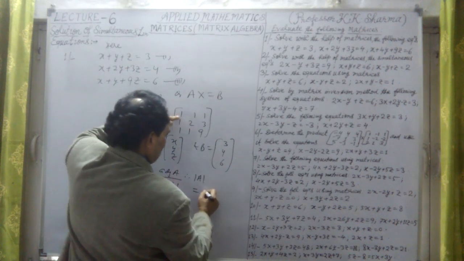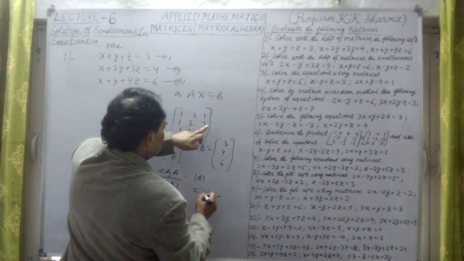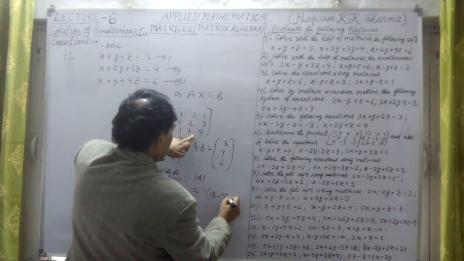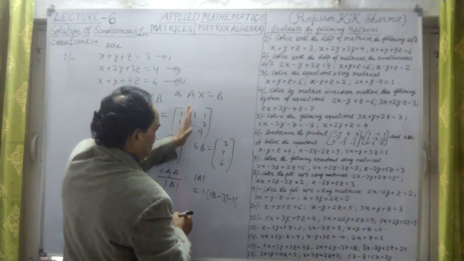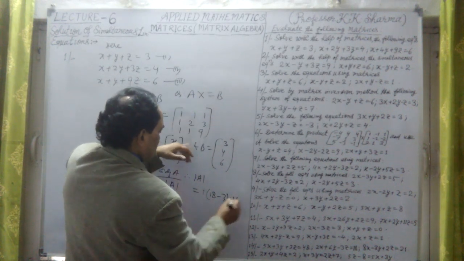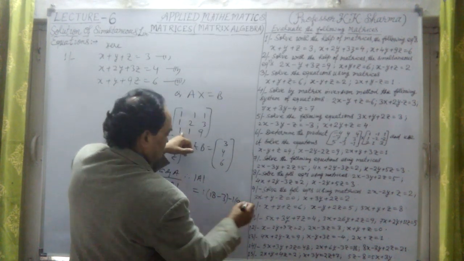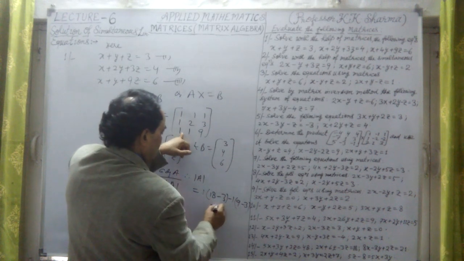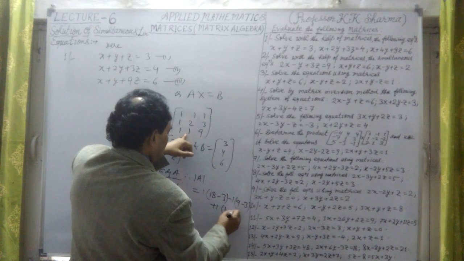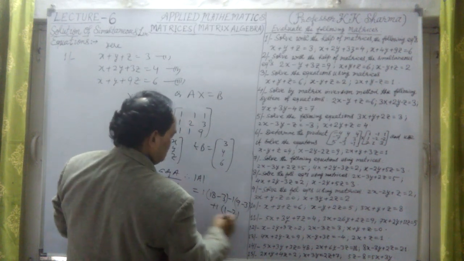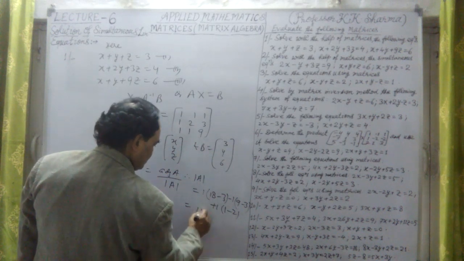This is 1 into 9 times 2 is 18 minus 3, so 18 minus 3 is 15.